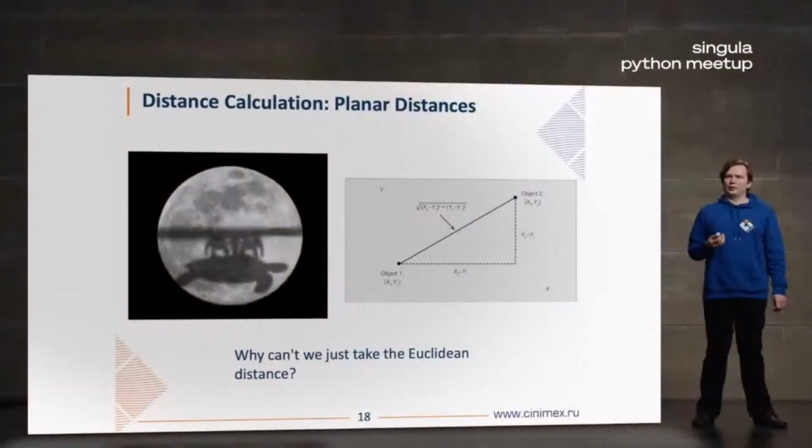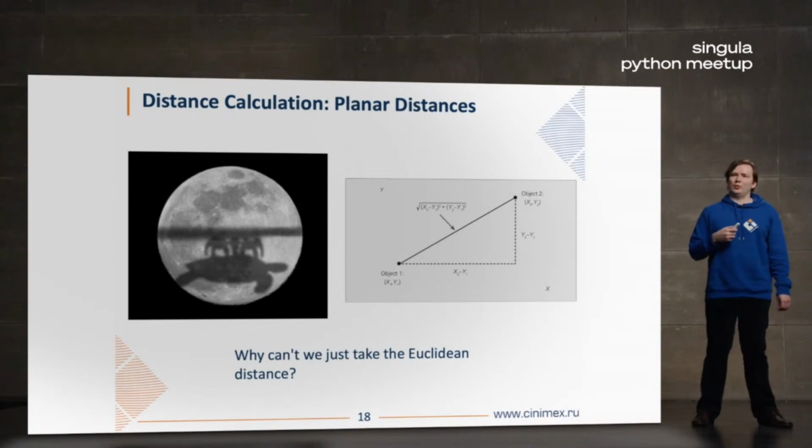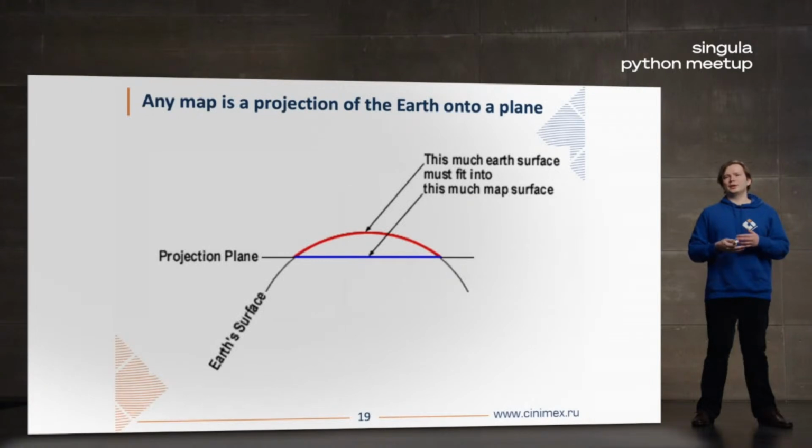And in some cases, for example, in small towns or on the scale of one street, such distances don't give a lot of errors. But when you increase your scale, you can face a problem connected with the projection of the Earth's surface on a plane.